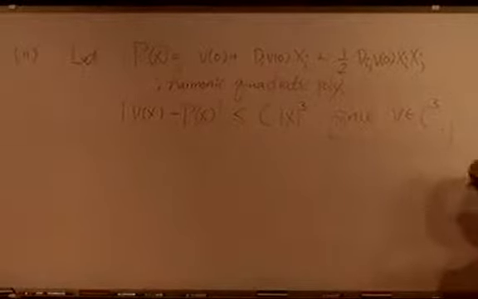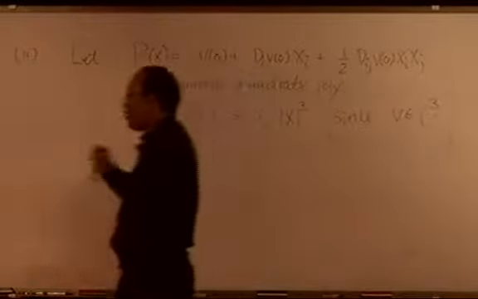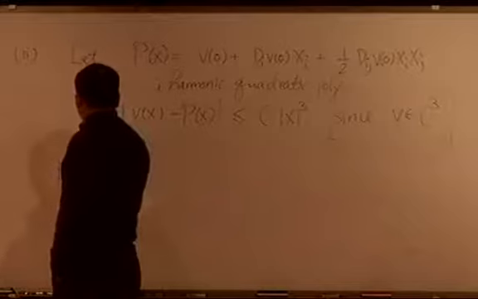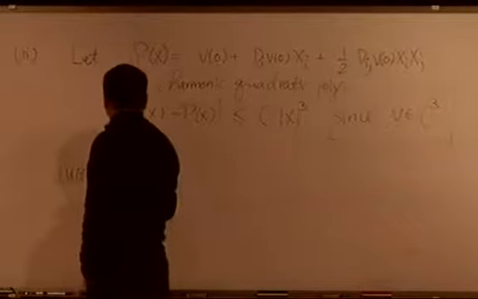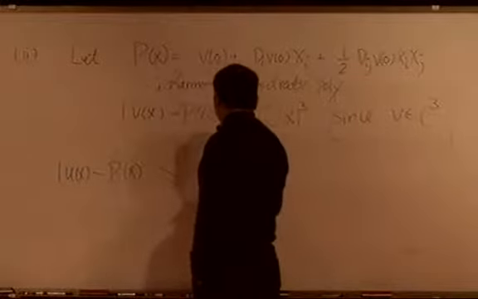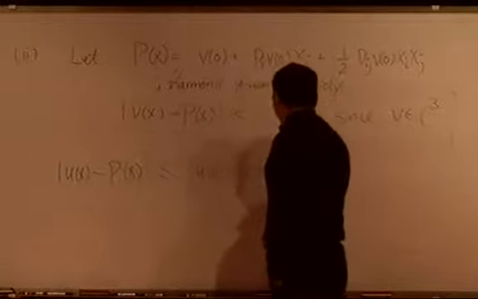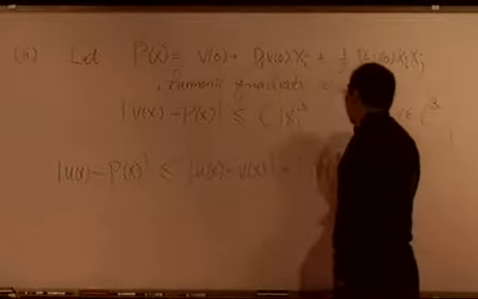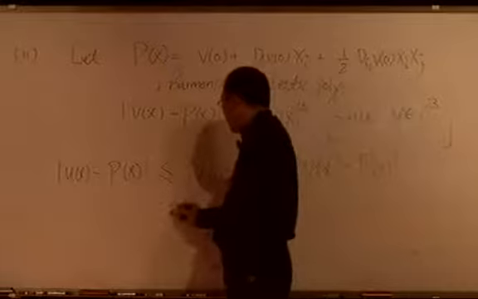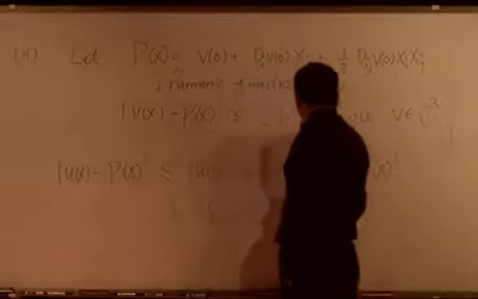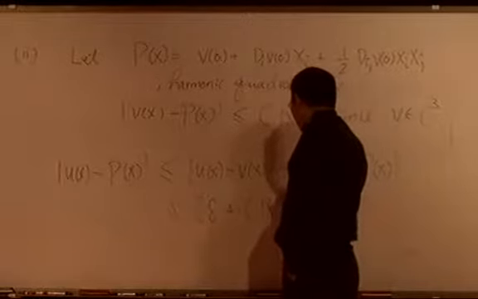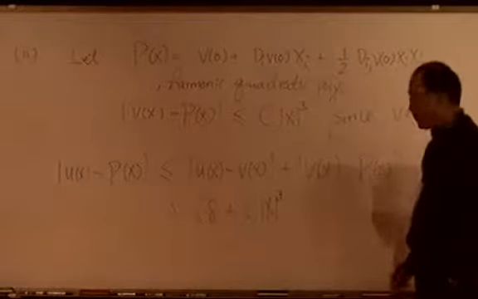Now I combine these two results. |u of x minus p of x| is less than or equal to |u of x minus v of x| plus |v of x minus p of x|. This one is smaller than C delta, and this one is smaller than C |x| cubed.